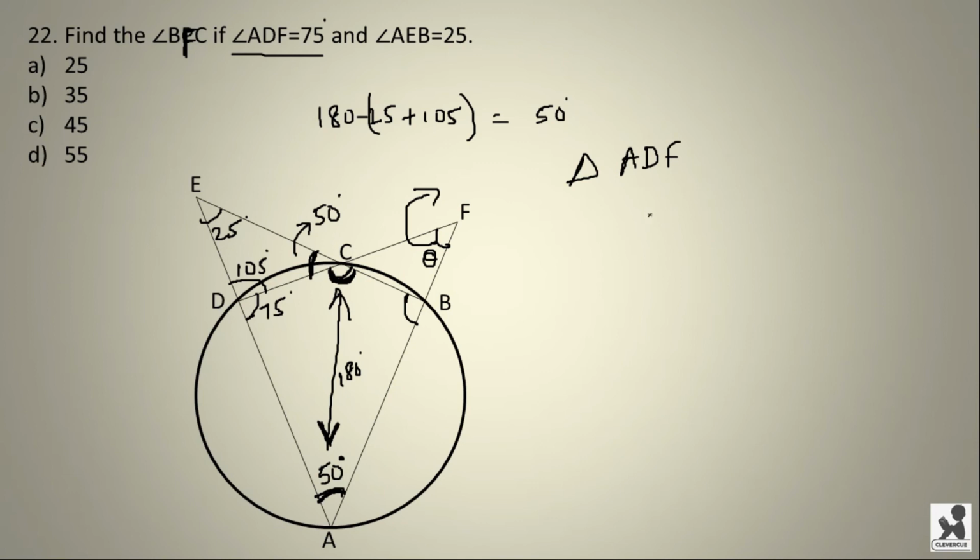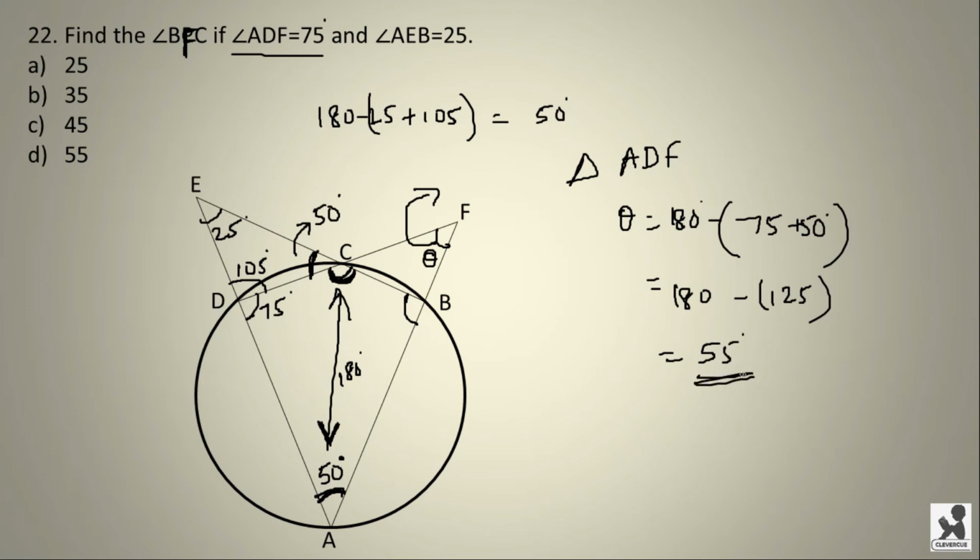In the triangle ADF, theta is equal to 180 degrees minus 75 plus 50 degrees, which is 180 minus 125, where we get 55 degrees as the answer. Option D is the right answer.